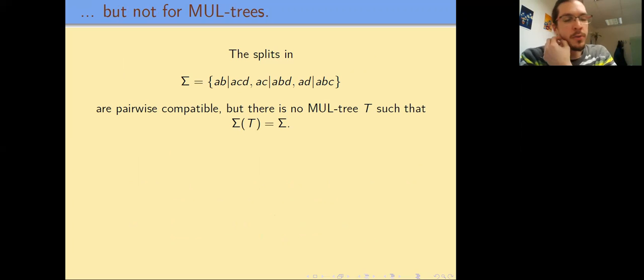So first observation, this nice theorem does not hold in the multiset case. You have that these three splits are pairwise compatible, but it can be easily checked that no tree displays all these splits at the same time.